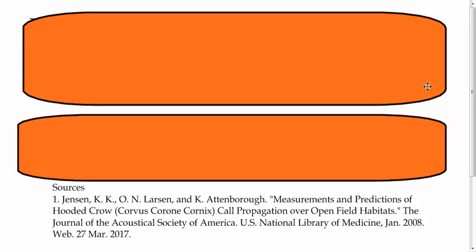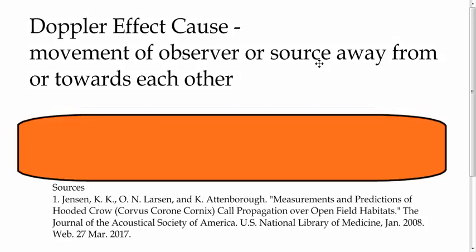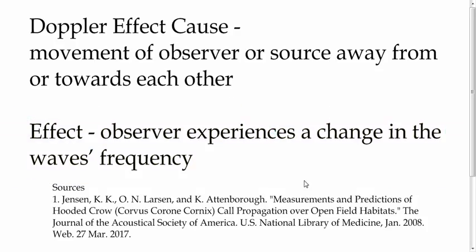So the cause of the Doppler effect is the movement of the observer or source relative to each other. They're either moving away or they're moving closer. And the effect is that the observer experiences a change in the wave's frequency.